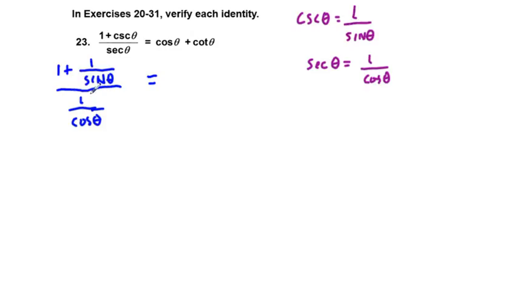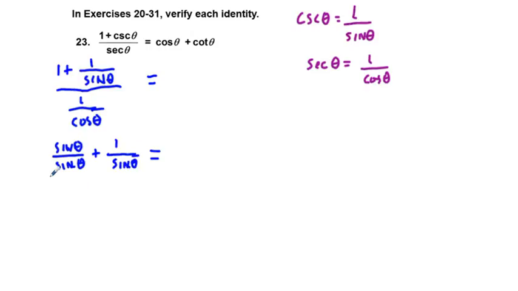And so, working with this numerator here, 1 plus 1 over sine theta, we're going to rewrite this 1 on the left here as sine theta over sine theta. So we've just rewritten that 1 as sine theta over sine theta, and on the right side we're going to keep 1 over sine theta.